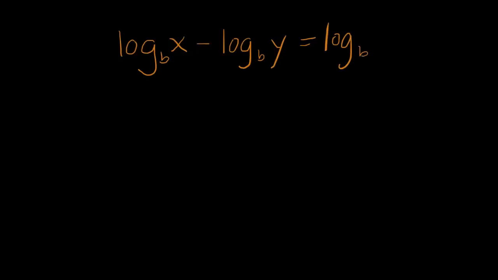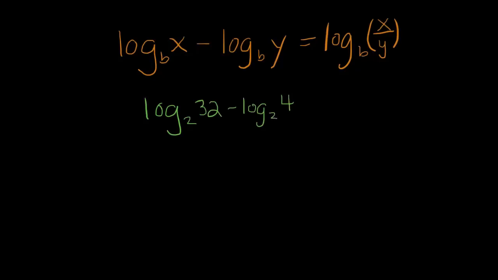Well, on the previous example, when we added logs, we multiplied the x and y. When we subtract, we're going to divide them. Just like that. So let's try an example. How about log base 2 of 32 minus log base 2 of 4.